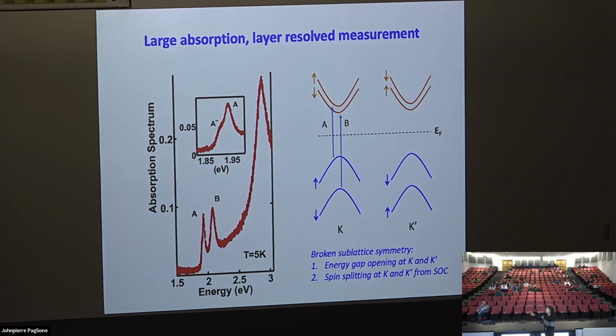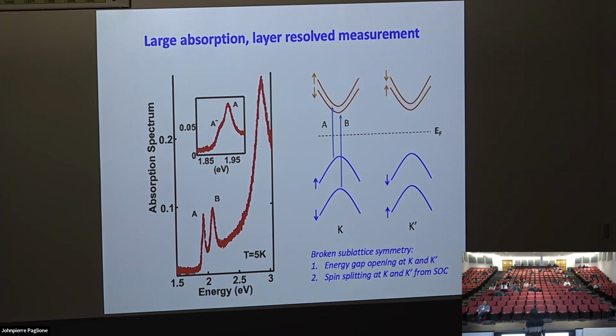Because the valence band spin splitting in this class of material is very big, a few hundred milli-electron volts, and for the electron bands it's relatively small, like tens of milli-eV, this splitting tells you pretty much the valence band energy splitting. If you read from the spectrum, it's on the order of 300. For some elements it will be 400, 500 milli-electron volts.